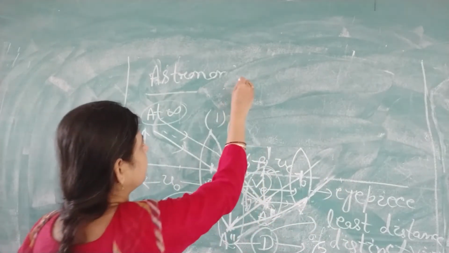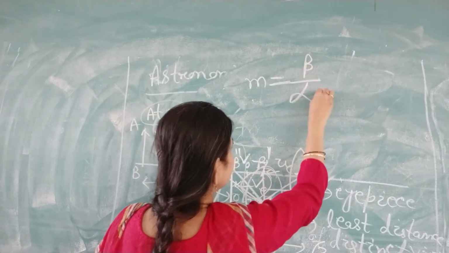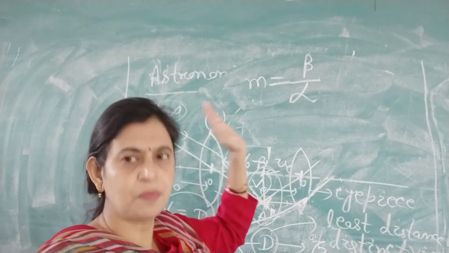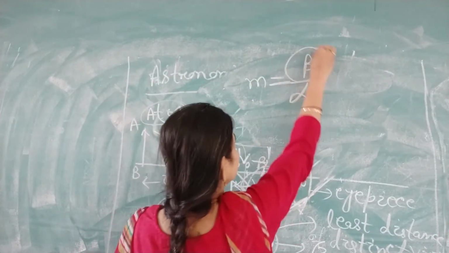Now you have to find the magnifying power. The magnifying power is denoted by M, which is equal to beta by alpha, as discussed in the previous lecture on the compound microscope. So M is equal to beta by alpha. What is beta?